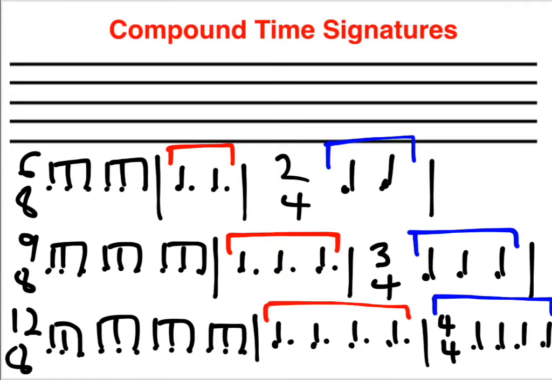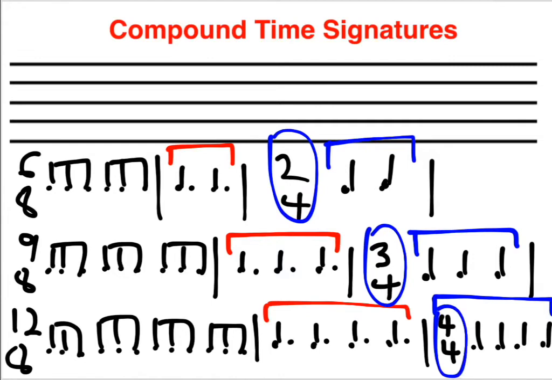Okay, so I know it looks like a lot of information to take in there, but the general rule, I suppose, is that for every single simple time signature that we've looked at, 2/4, 3/4, and 4/4, there is a corresponding time signature in compound time. Okay, so 2/4's equivalent in compound time is 6/8, 3/4's equivalent in compound time is 9/8, and 4/4's equivalent in compound time is 12/8.